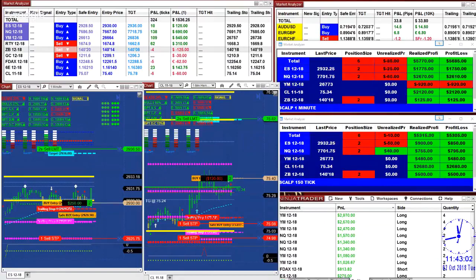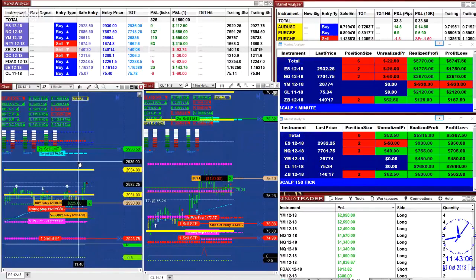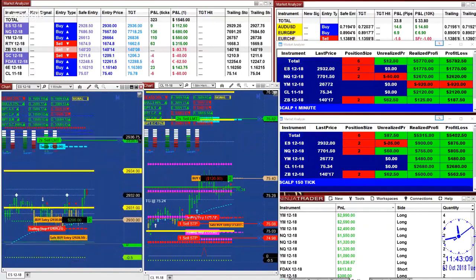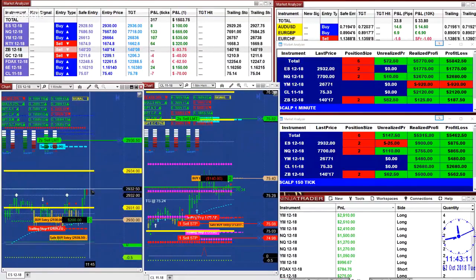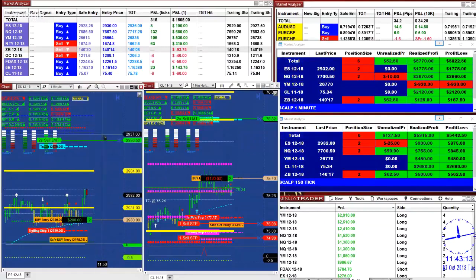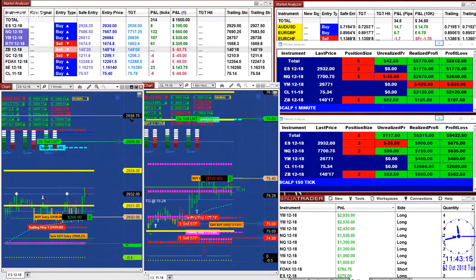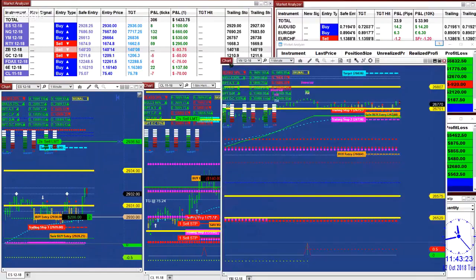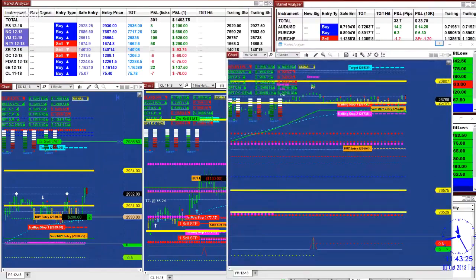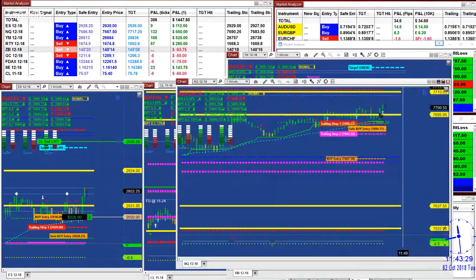Okay, finally the ES gave in. This is the last struggle. We have the 29.32. We should have a breakout on this one here. Very fine. YM, nothing. Nobody home. Neither the NASDAQ, nobody home. Has not done anything yet.